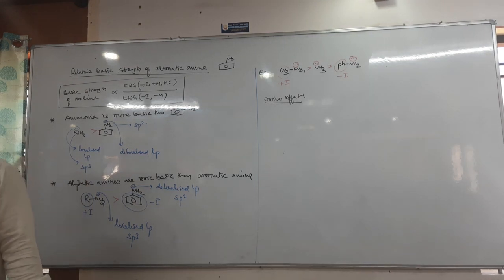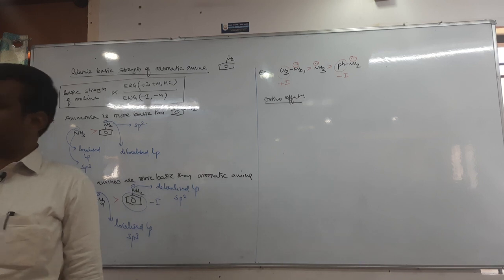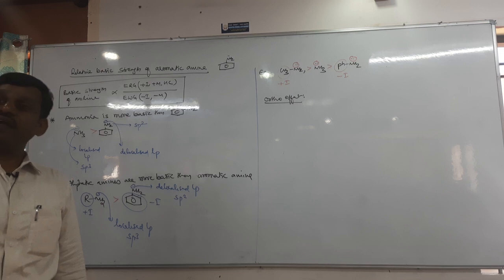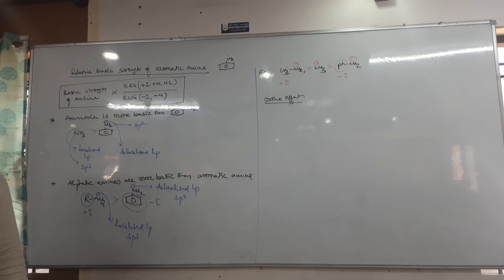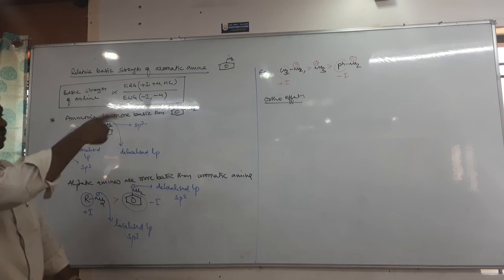It means if any group is present, whether electron releasing or electron withdrawing, at the ortho position in benzoic acid, that benzoic acid is more and more acidic, right? The acidic strength of benzoic acid increases due to the ortho effect. When acidic strength increases, what happens? Basic strength decreases. The same thing happens here.